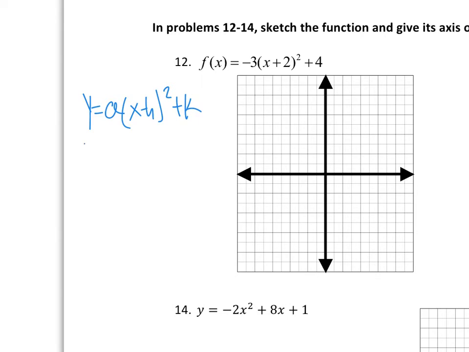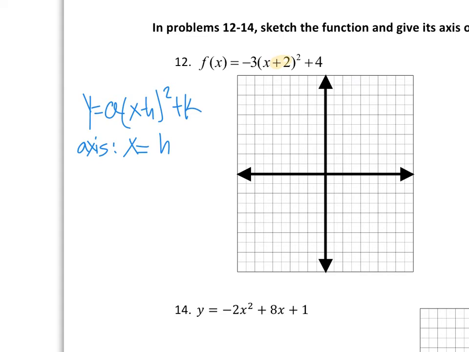We know our axis of symmetry is always going to be at x equals h. And remember, the sign on this is opposite of what is in here. So let me back. Yeah, that's right. So what we're going to see here is we look over here. We got a positive 2 over here.